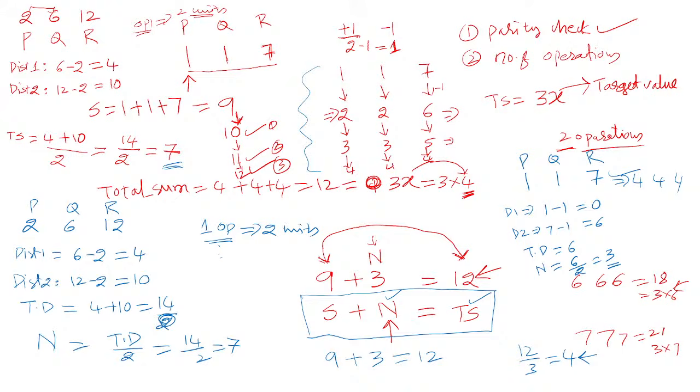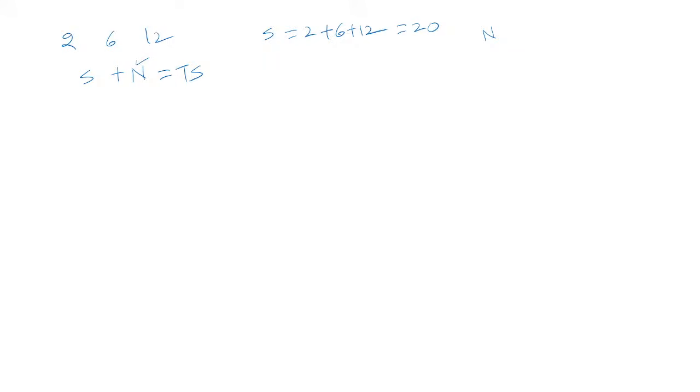You need to calculate the distance between these numbers. Distance 1 is the distance between the second number and the first number: 6 minus 2 is 4.